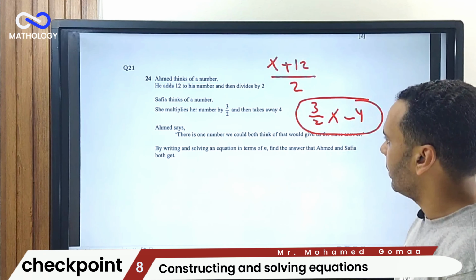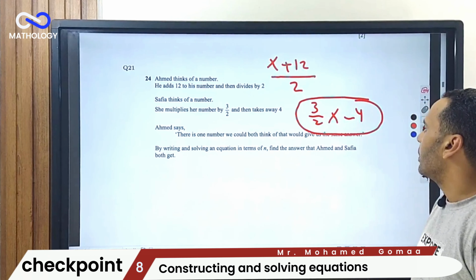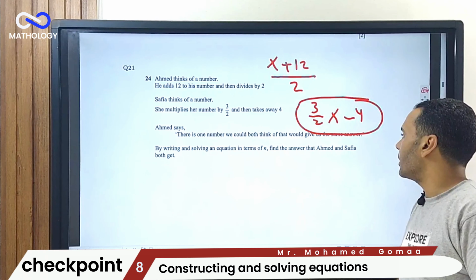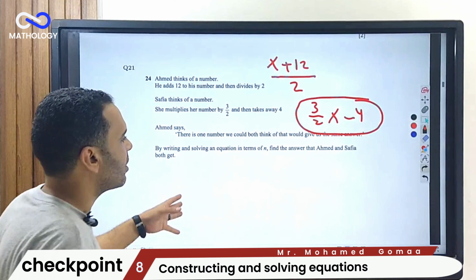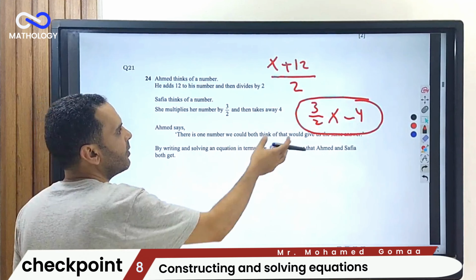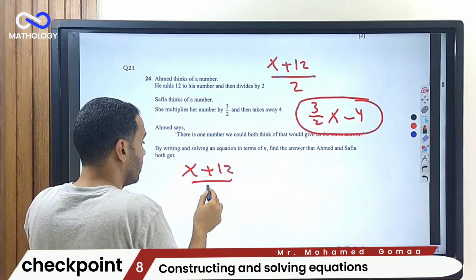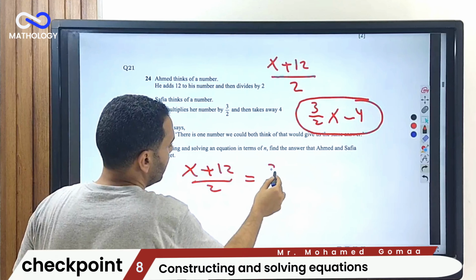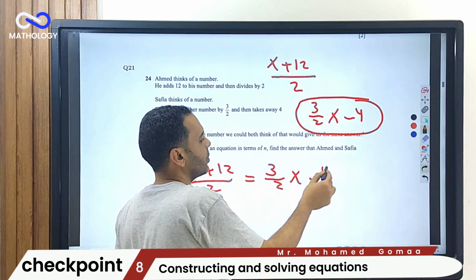Ahmed says there is one number we could both think of that would give us the same number, by writing and solving an equation. Okay, you have to equate the two expressions. x plus 12 over 2 equals 3 over 2 x minus 4.